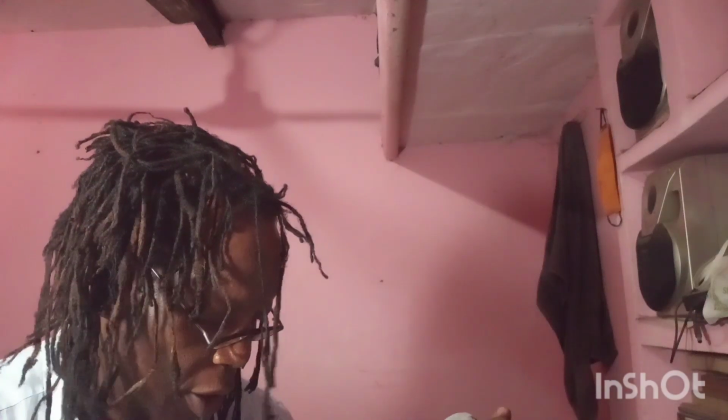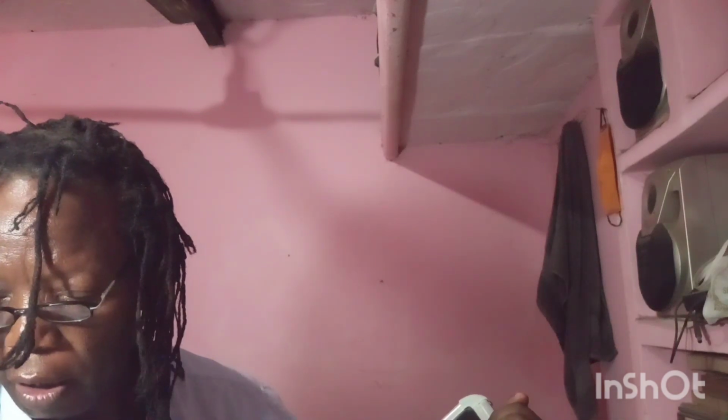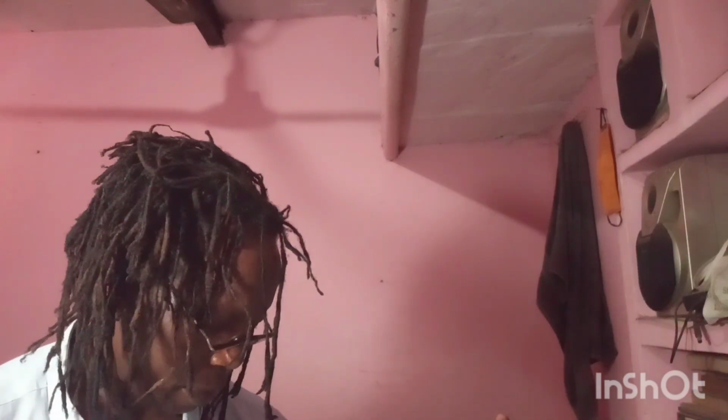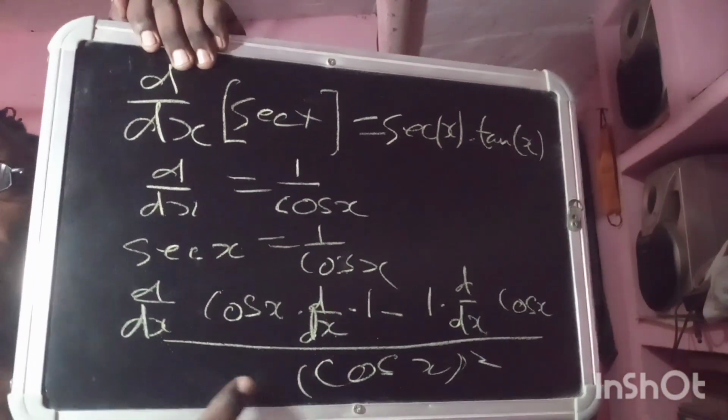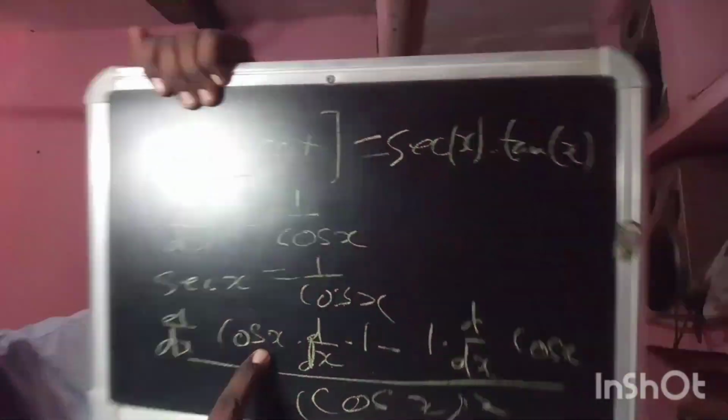You differentiate d over dx of 1, into cosine x, minus 1 into d over dx of cosine x, over cosine x squared.